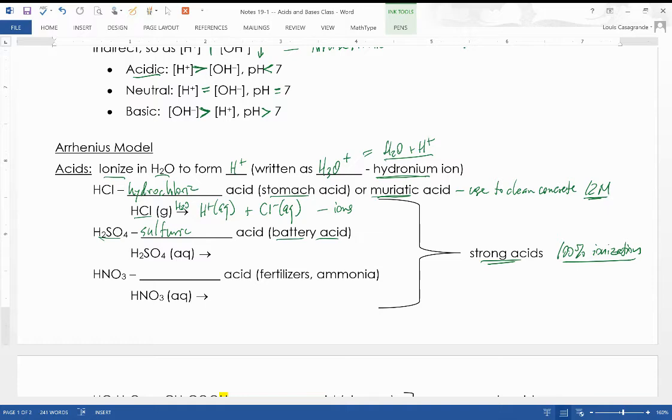With sulfuric acid, it turns out that only one of the hydrogens comes off the H2SO4, and so when we put that in water, by the way, the water over the arrow can indicate, in the way I'm indicating it, it's not necessarily taking place in the reaction. It will, and we'll see how that reaction works in the next lesson when we see how water gets involved in this.